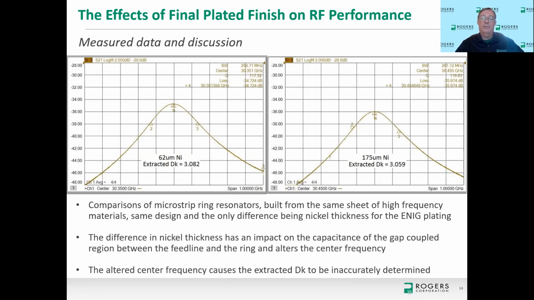And in this case, the difference in nickel thickness actually altered that center frequency, which caused an erroneous dielectric constant to show a difference of 0.023 between these two different ring resonators, when in reality, they should have the same dielectric constant. So that's one of those things that needs to be kept in mind. And again, I have a lot more information on test methods. If anyone's interested, please contact me and I'll try to do what I can to help.